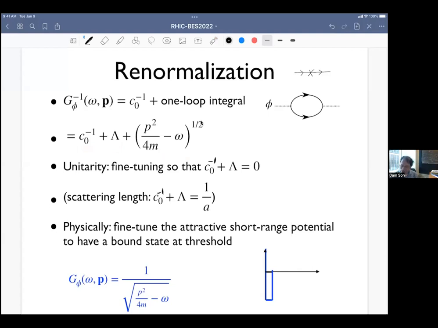When the scattering length goes to infinity, that is the fine-tuning in which this is 0, and the propagator of phi becomes a well-defined finite, non-trivial function of p and omega. Physically, we fine-tune the attractive short-range potential to have a bound state at threshold, and the presence of the bound state at threshold is the reason why the propagator of this object phi has a cut that stretches from 0 energy to infinity.